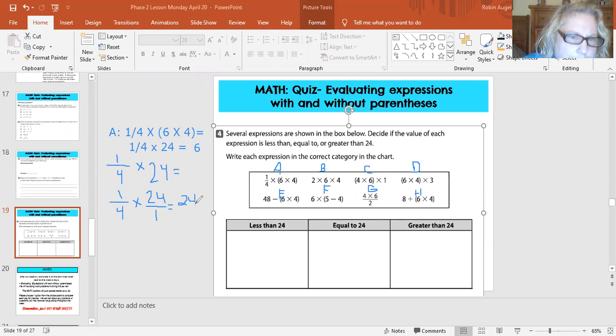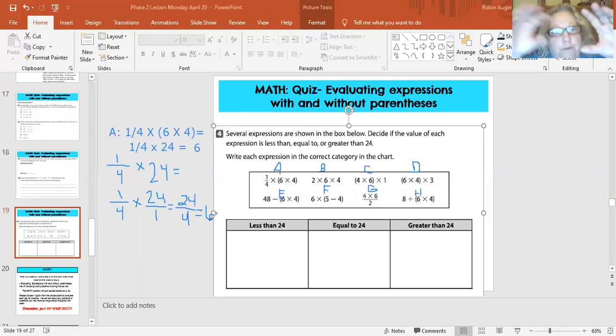I'm going to multiply across the top, then multiply across the bottom. 24 over 4. Any fraction is also a division problem, and the line means divide by 4. So 24 divided by 4 equals 6. If we did it by fraction multiplication, that's how it would work out, and it's the exact same thing as me explaining about dividing 1/4 of 24 into 4 different groups of 6.